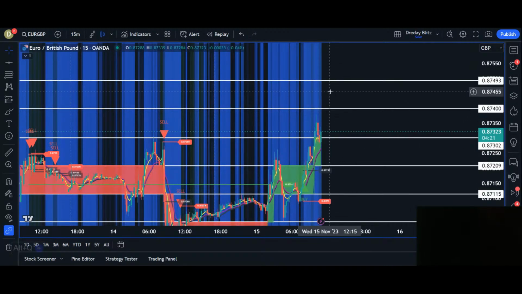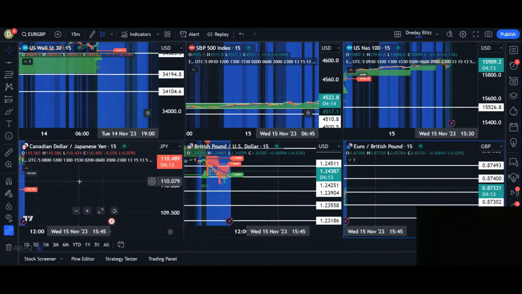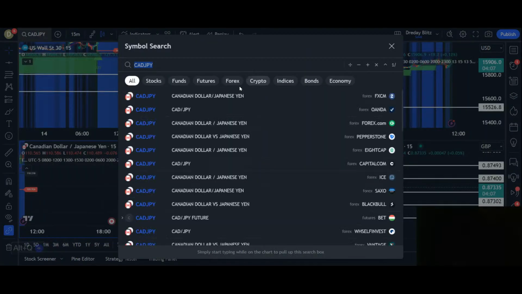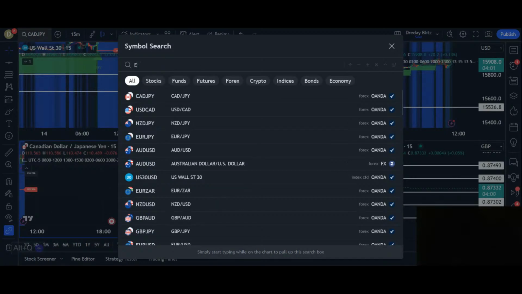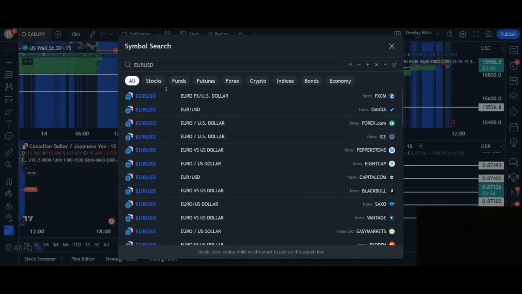So this is the next point of interest for Euro JPY. And let's look at the Euro USD. I didn't look at it at all in this session. So let's look at Euro JPY, Euro USD, and that'll be our last analysis here for today.